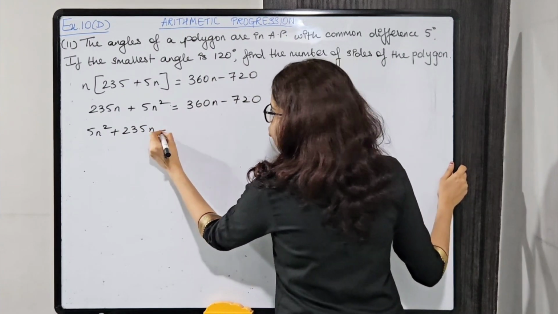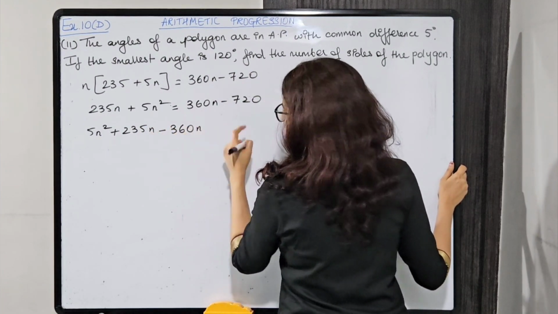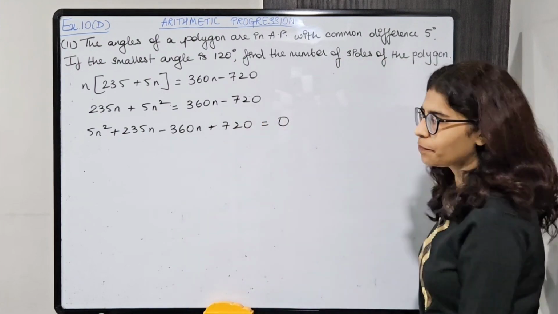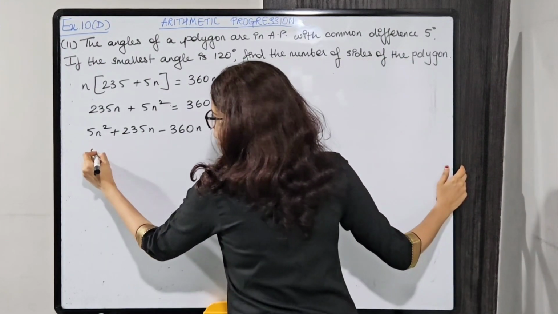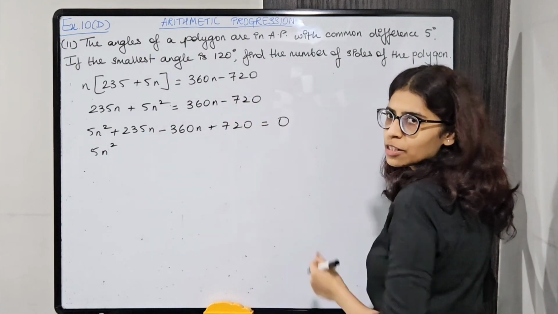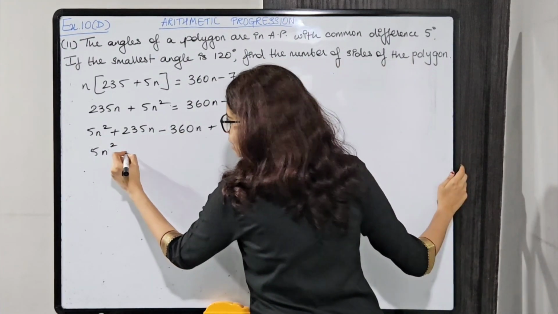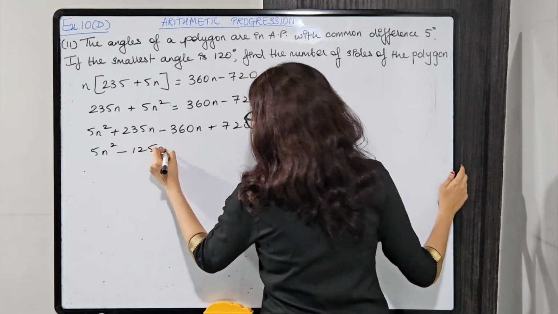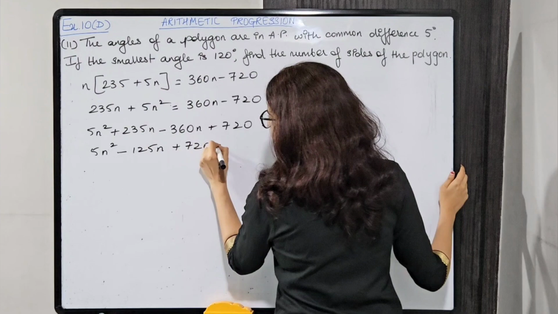We have shifted this, so sign will change and इसका भी sign change हो जाएगा, equal to 0. Okay, so 5n square, 360 minus 235 करो, sign will be negative, so that will be 125n plus 720 equals to 0.